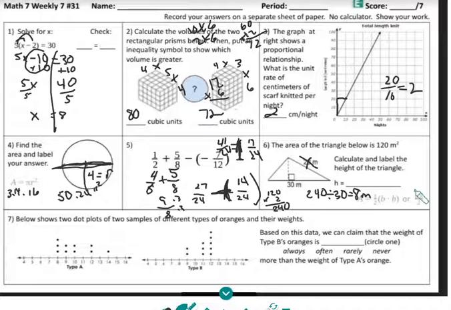it was meters squared. Last question, question number 7, says which dot plot below shows 2 dot plots of 2 samples of different types of oranges and their weights. We have 1, 2, 3, 4, 5, 6, 7 below 10, and we have 3 above 11.